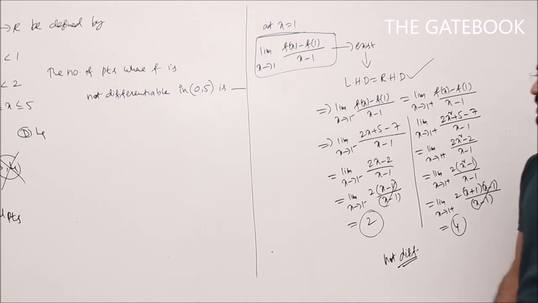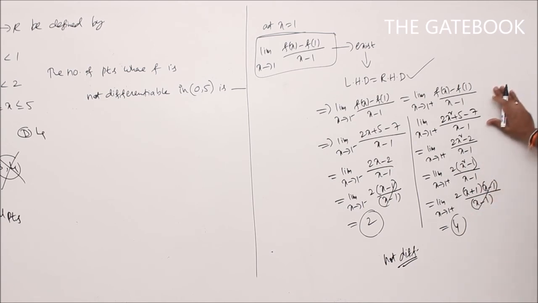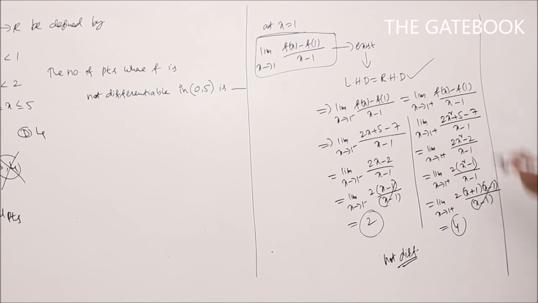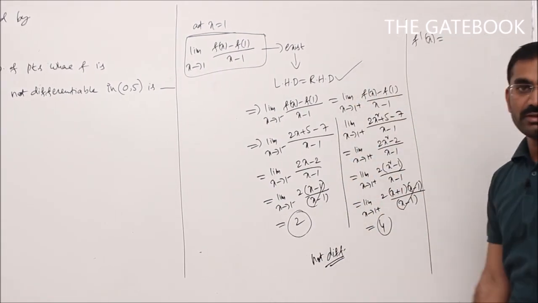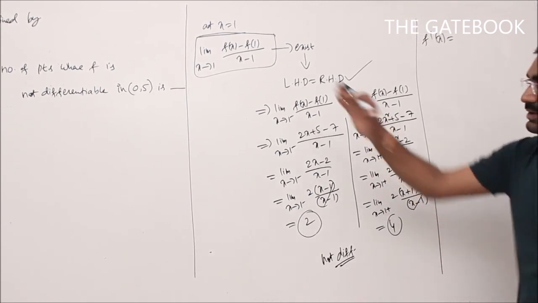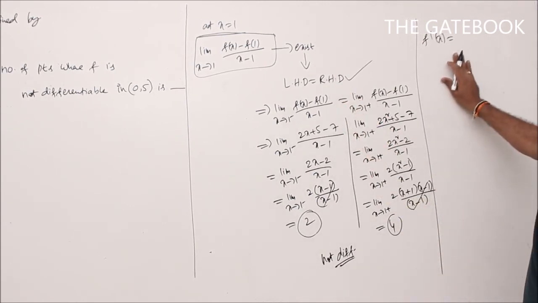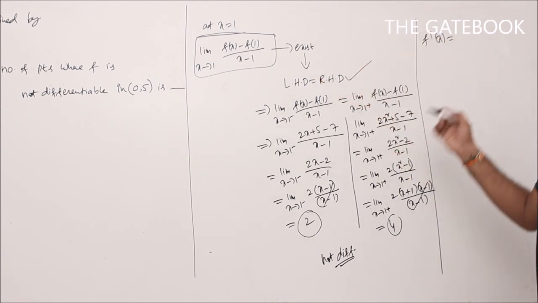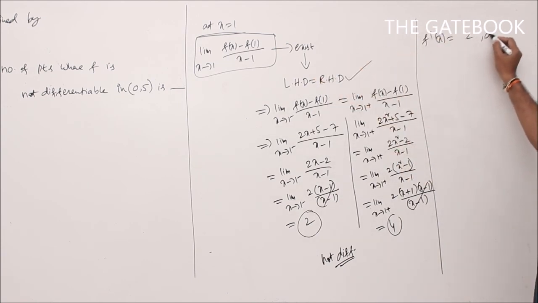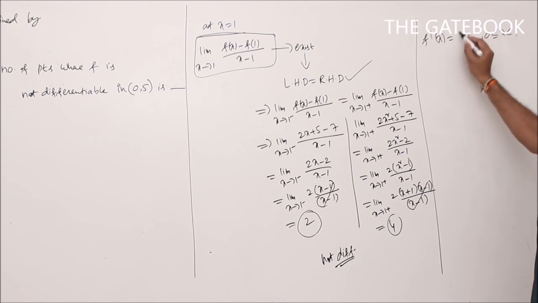Now checking differentiability at x is equal to 2 also. Here we can check this using a shortcut method also. We can find the derivative f dash of x directly, with no need to go for this procedure. What is the f dash of x value here? The derivative of 2x plus 5 is 2 for 0 less than x less than 1.